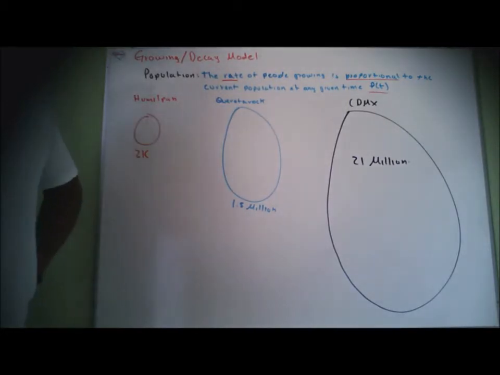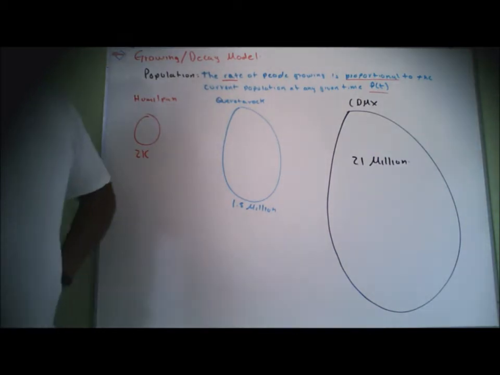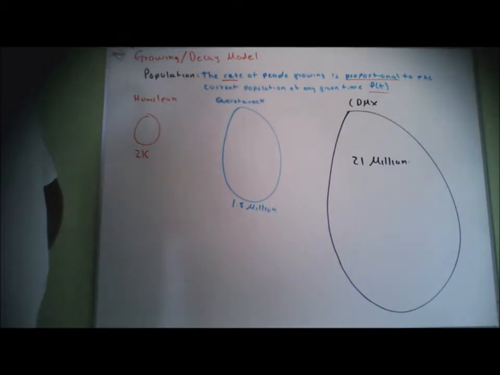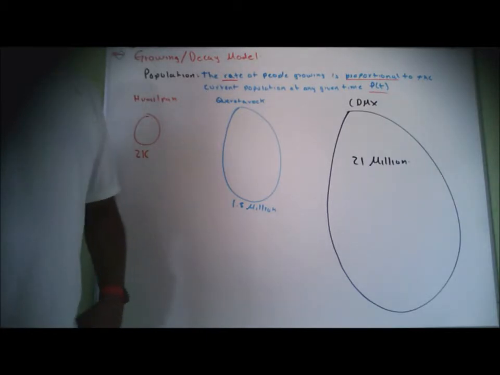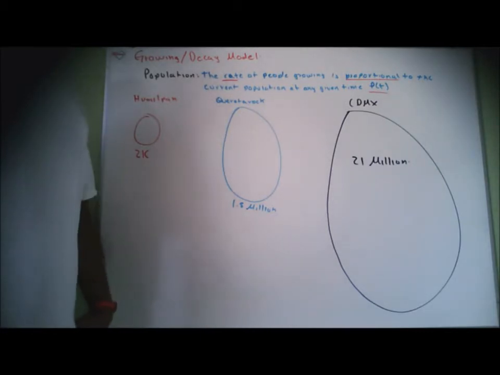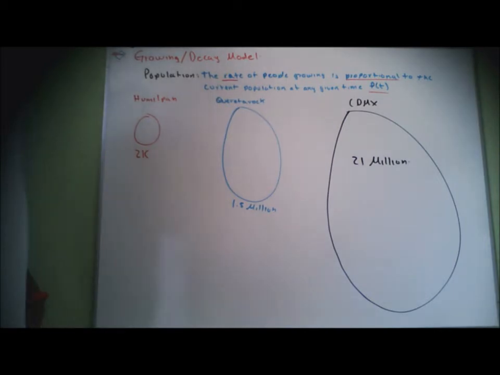An economist in England realized that the population rate, the speed or velocity at which people increased in a city, was proportional to the size of the population.